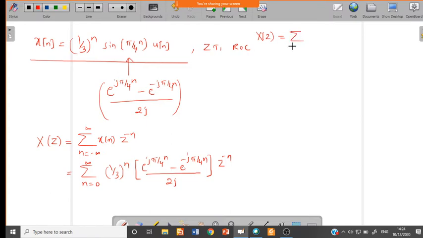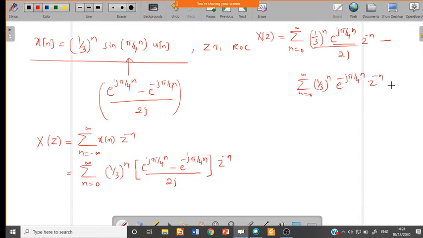So we get the summation n equal to 0 to infinity of (1/3)^n into e^(jπ/4 n), and we can take 2j as common factor, into z^(-n), minus the summation n equal to 0 to infinity of (1/3)^n into e^(-jπ/4) into n into z^(-n). So this is the other term, which is divided by 2j.